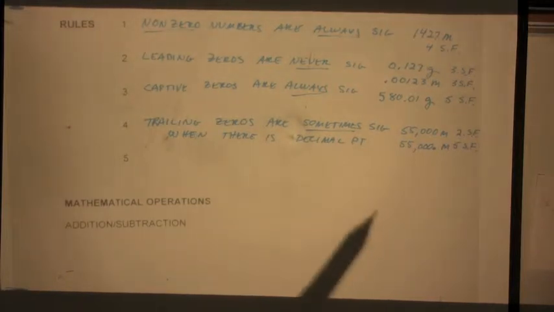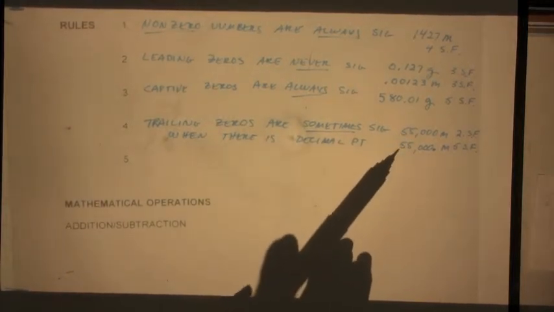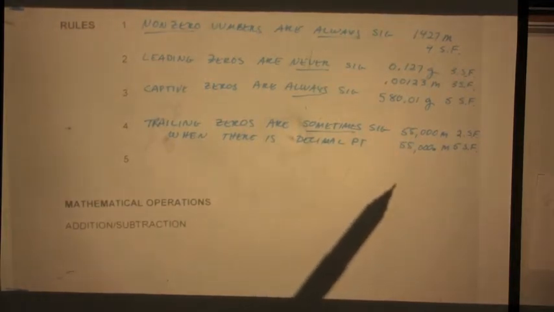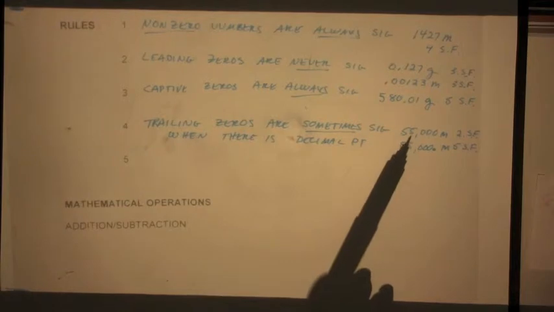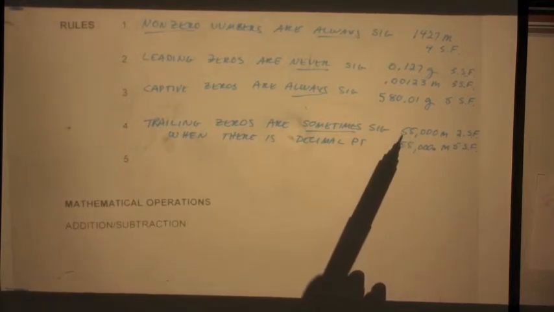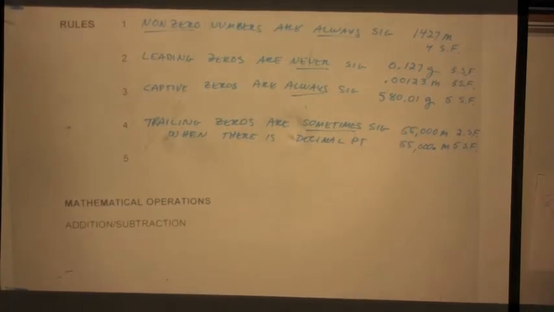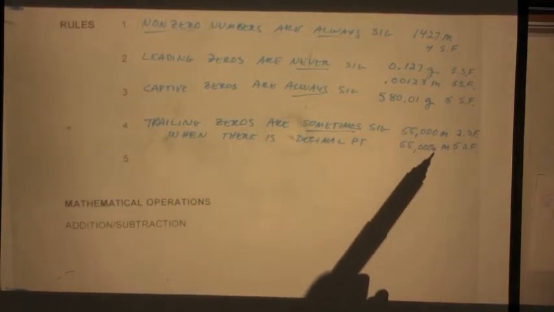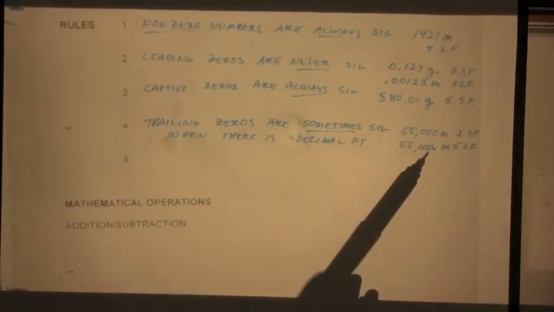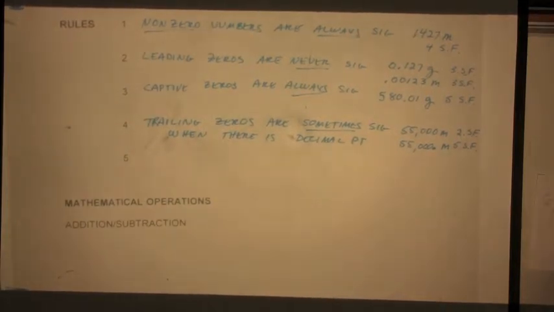Now the mathematician might look at these two numbers as being exactly the same. The scientist doesn't. This one, we know they only had a measuring device that would go to the thousands place, but for this one, we had a measuring device that measured to the nearest meter. So we view them as very different. 3 more significant figures here than up here.